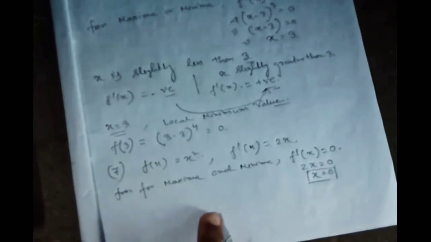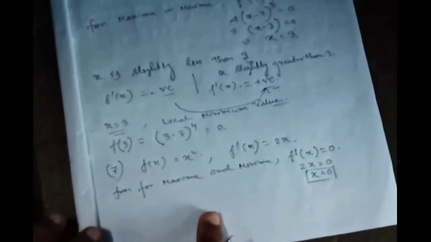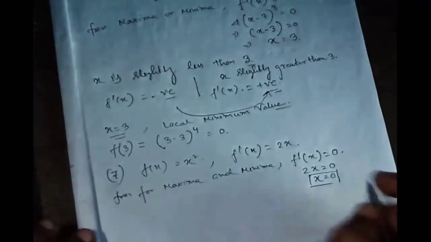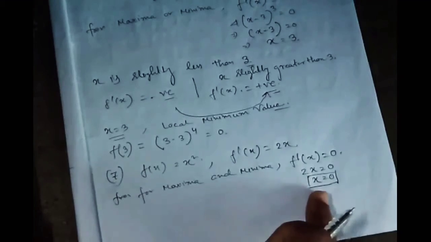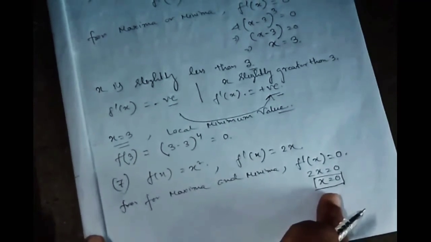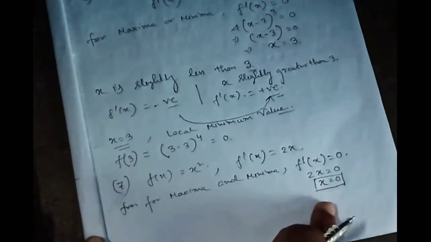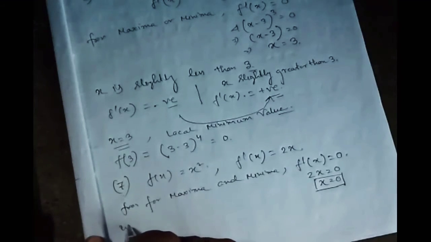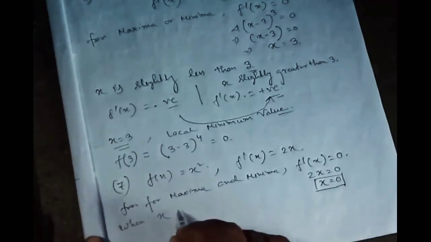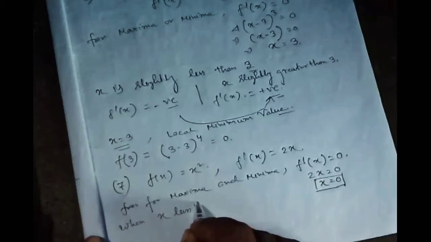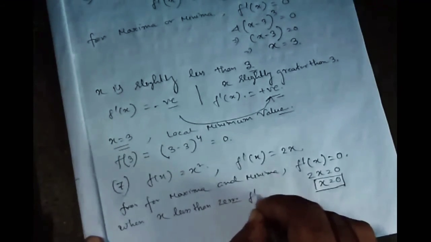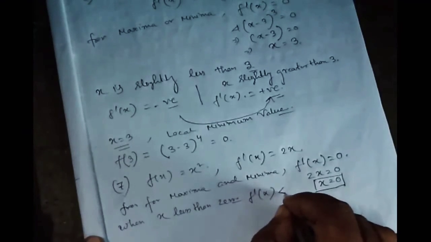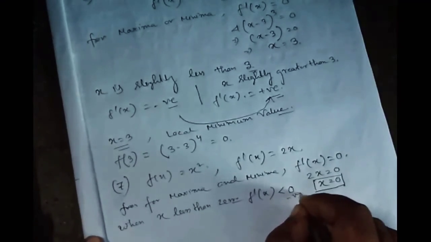Understood? So at x equals to 0, now we have to check the sign. When x is less than 0, f dash x is less than 0, that is negative.